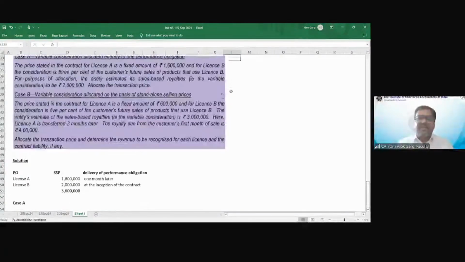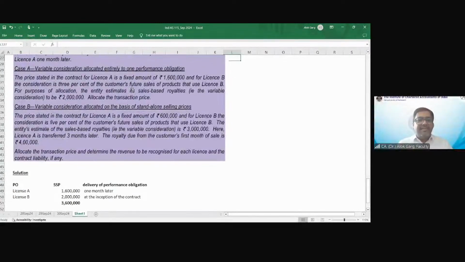The question says that for license B, the consideration is 3% of the customer future sales of product that uses license B. For the purpose of allocation, the entity estimated sales-based royalty, that is variable consideration, is to be rupees 20 lakh.